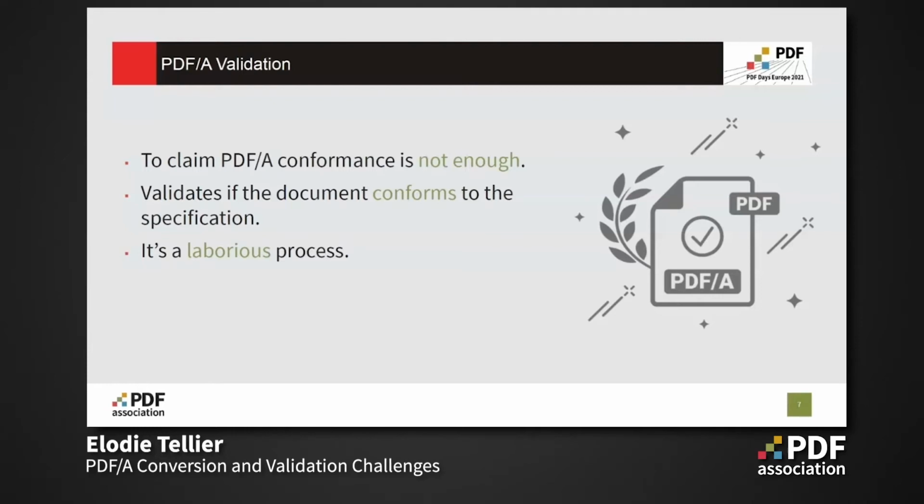This is where PDFA validation steps in. In order to be certain that the document meets the conformance requirements, we need to validate it against the PDFA and PDF specification, as well as some other normative references. This is a laborious process, since we need to uncover many details in the document and test each one of them against a specific set of rules.